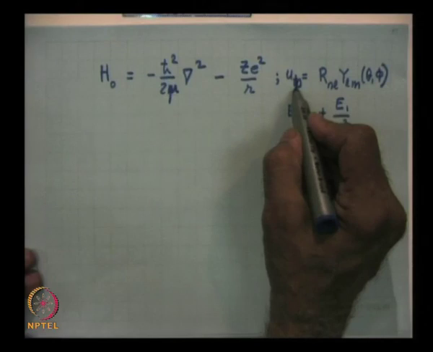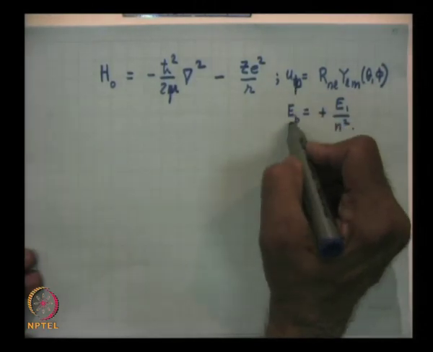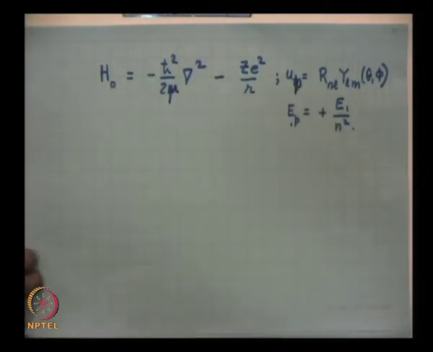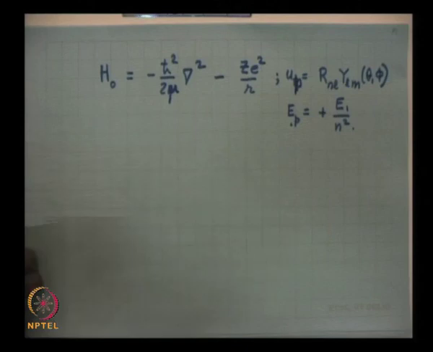So, I know the eigenvalues and eigenfunctions corresponding to H naught. Now, I put the hydrogen atom in an electric field, and there will be a perturbation, or in a magnetic field there will be an additional term which will represent the interaction with the electric field and the magnetic field.